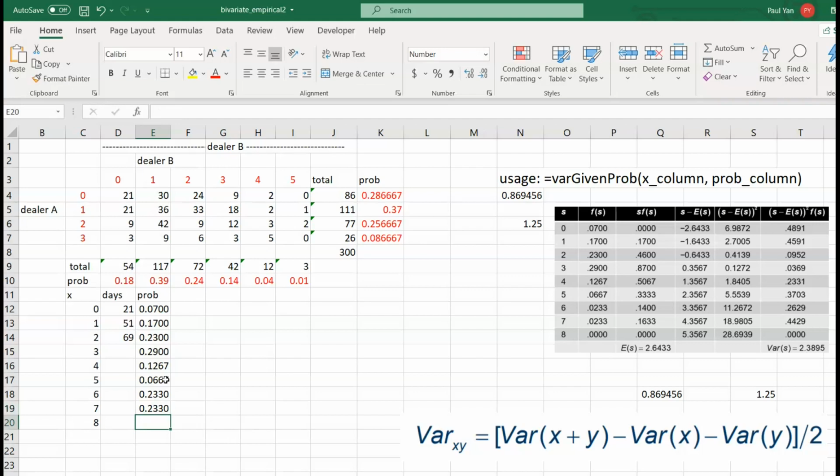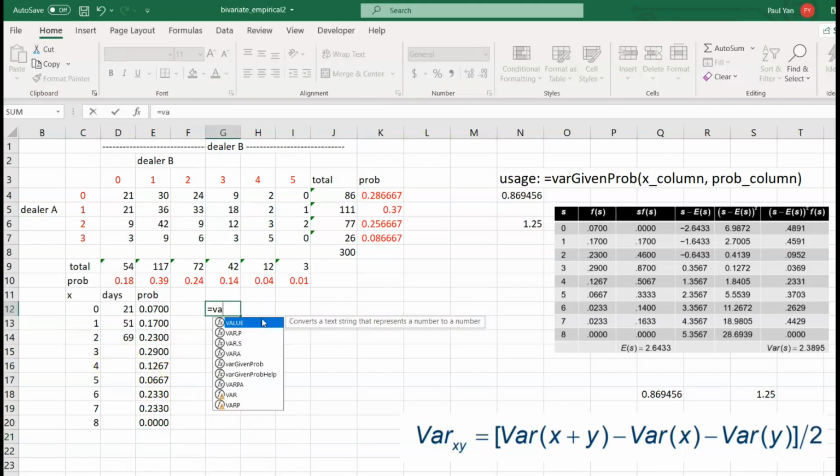I'm going to show you a much better way to do it. Okay, again, what is variance? VAR, so let's double check: 7%, 17%, 23%, 29%, 0.1267, 0.0667.